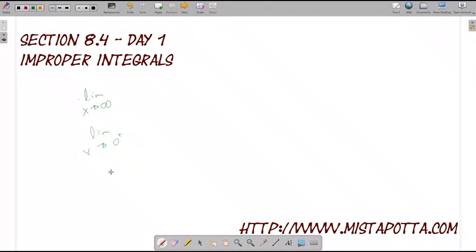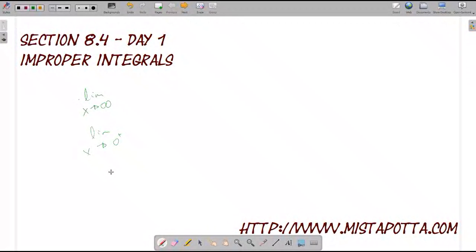And we need to understand what's going on in those situations. That's the whole purpose of dealing with limits as x approaches infinity. And we saw this in our early algebra and pre-calculus classes when we were talking about asymptotes.